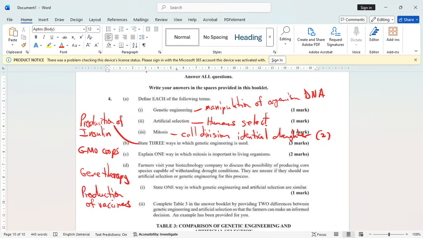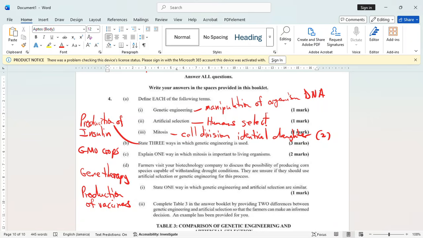So it says any one of these, so the production of insulin. There are some bacteria that are genetically engineered, and they do that because they can now produce the insulin. The insulin is given to persons whose body is not able to produce the insulin.